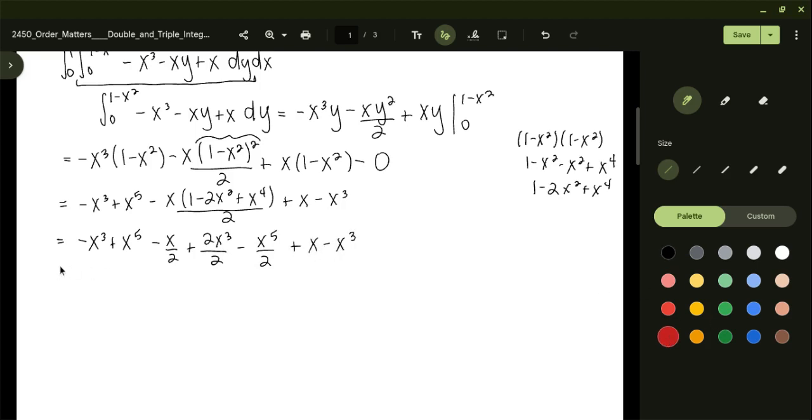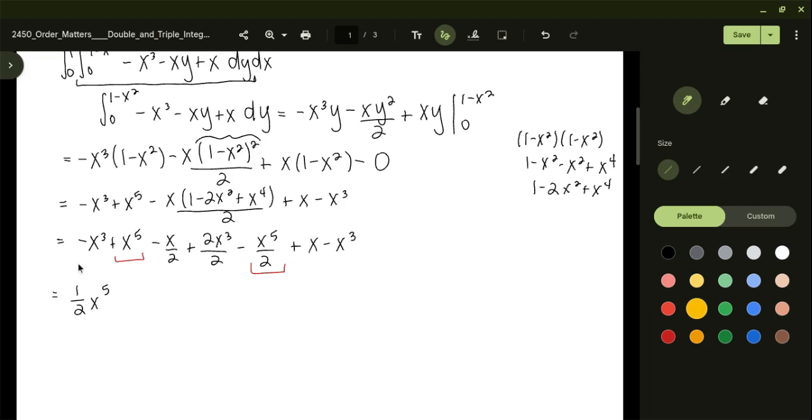So combining like terms, we have a positive x⁵ and a negative x⁵ over 2. And so 1 minus 1/2, we get a positive 1/2 x⁵.